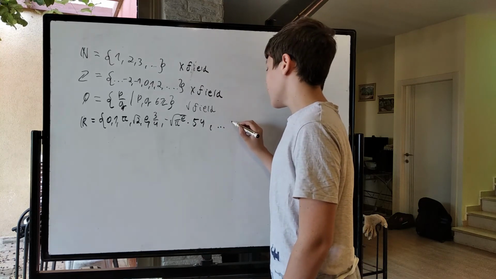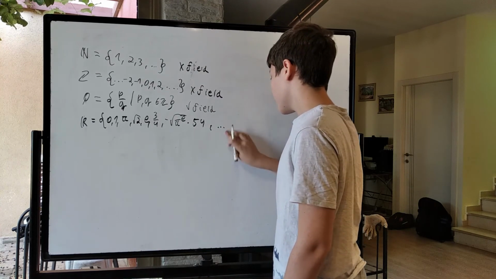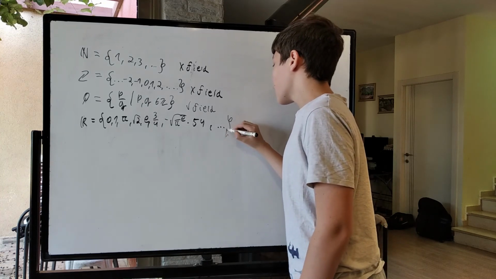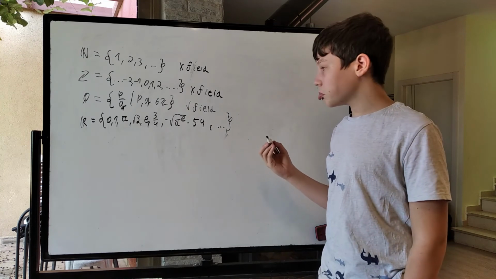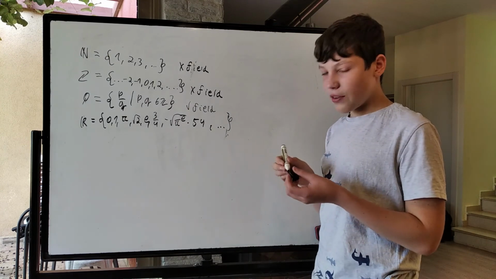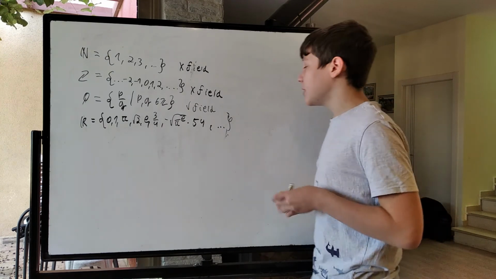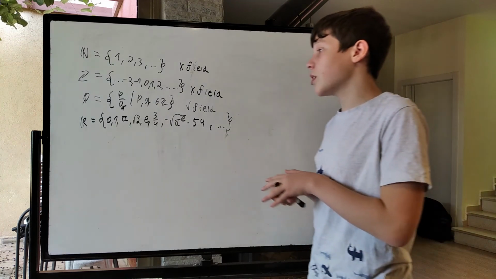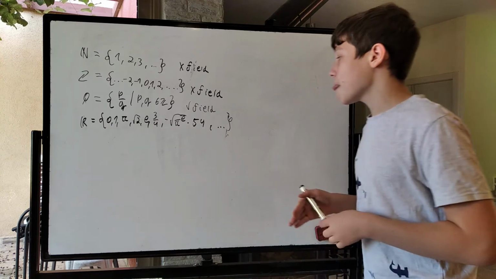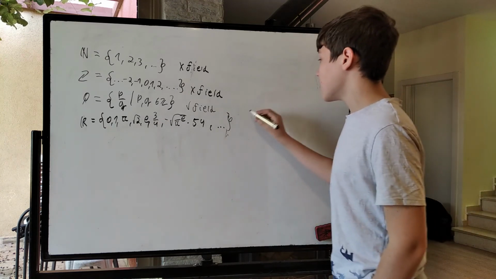All of that stuff. So all of the real numbers. Is this a field? Well, you can actually easily see, yes, pretty much all the definitions of the real numbers do tell us that, yes, this is a field.